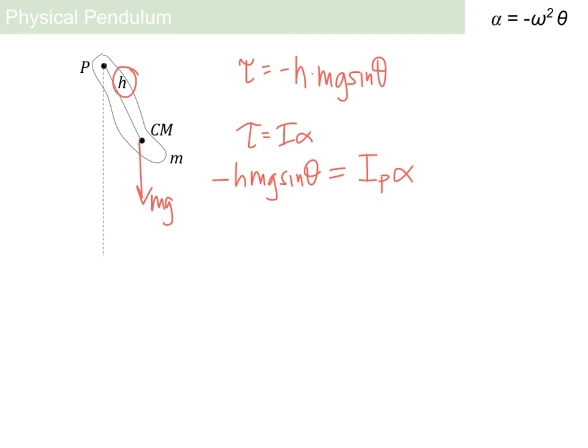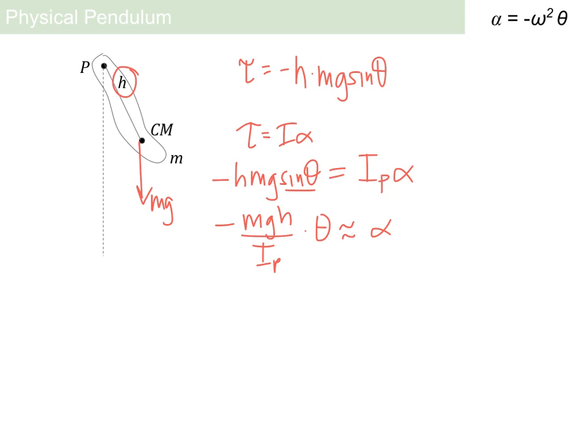So if I rearrange here, I get negative, this is usually written mgh divided by I sub P times the sine of theta, but again, we're going to make that approximation and say it's theta for small angles. That will be approximately equal to my alpha.